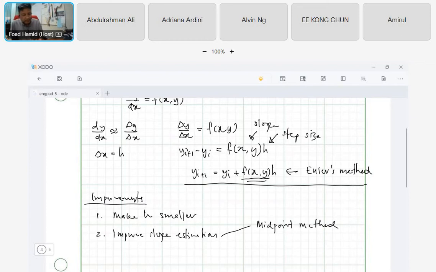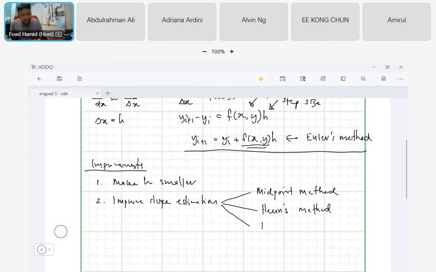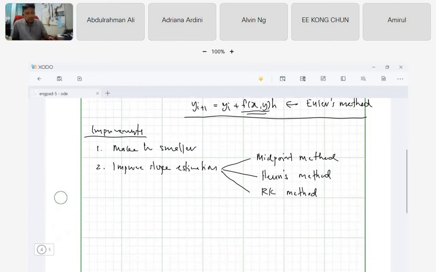Okay, and then we also have what we call Heun's method. And of course, the other one is RK method, Runge-Kutta method. So these are the improvements of the slope estimation. And then we concentrate on RK method.